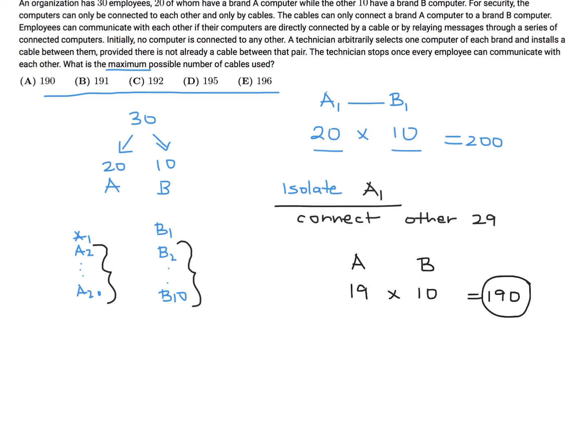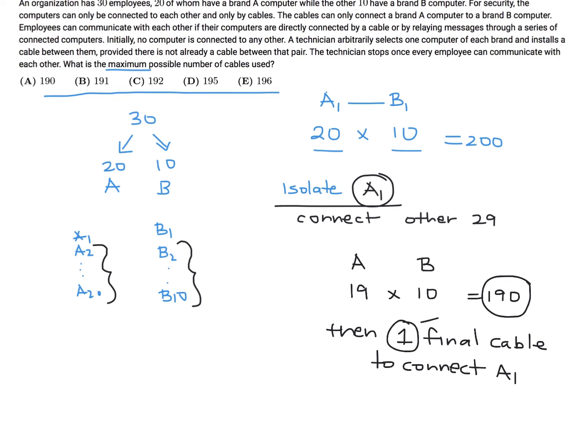Once I connect all those, I've got to go back and connect A1, so I have one final cable to connect the A1 that I had originally isolated. I add this one final cable to the 190, and that gives me 191. So that's the approach for this question, and that gives me choice B.